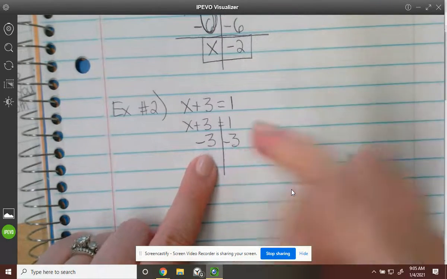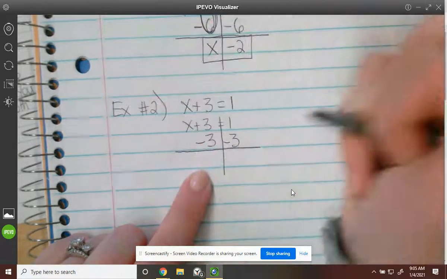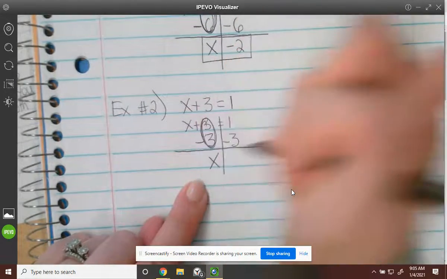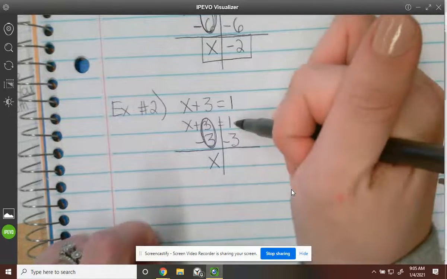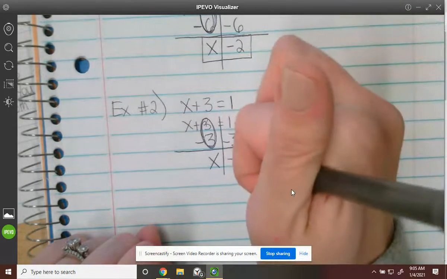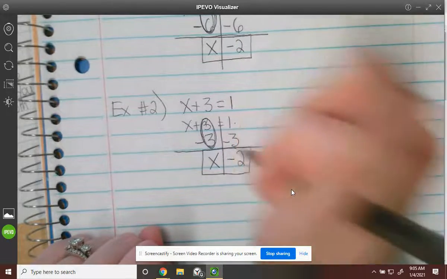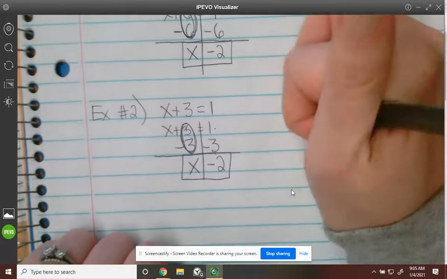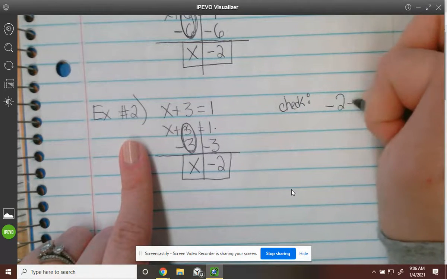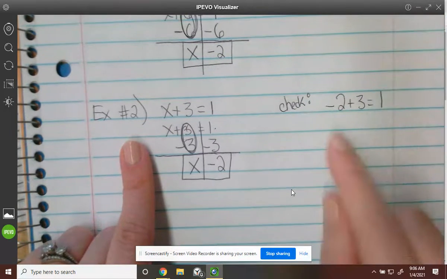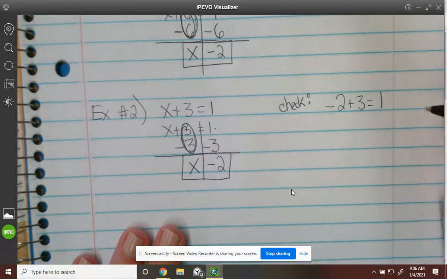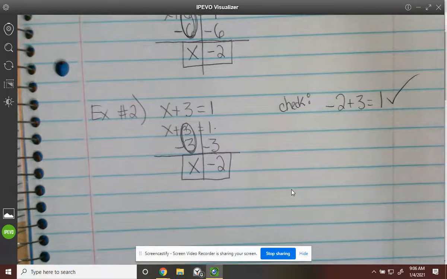What I do on one side, I do on both sides. Okay, that zeroes out, leaving me with just x, and 1 minus 3 is a negative 2. Yet again, I don't know why I like that for an answer, but I do. Okay, if you want to check, which you do not have to, but it's a good practice to do whenever you're getting rushed on things. Negative 2 plus 3, type that in your calculator. Does it equal 1? It does.